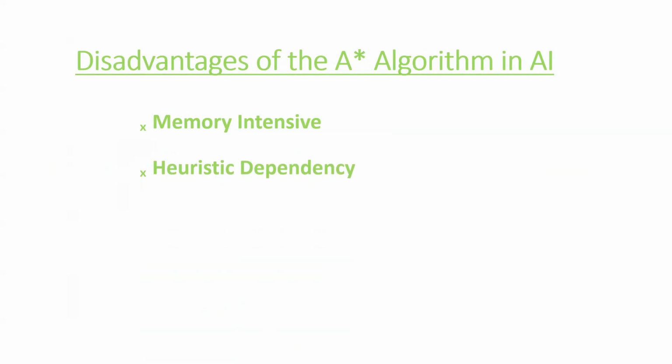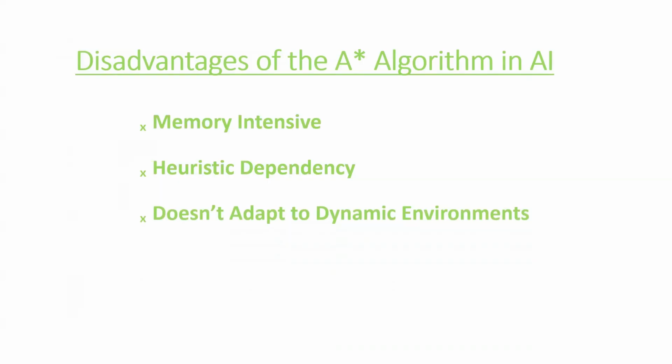A-star heavily relies on heuristic functions for guiding its search. If the heuristic is poorly chosen or unable to give the right estimated cost, it might not be able to find the optimal path or might take longer to calculate.